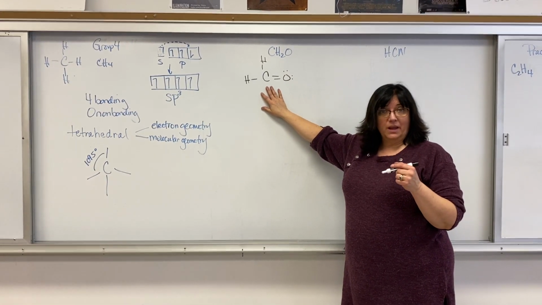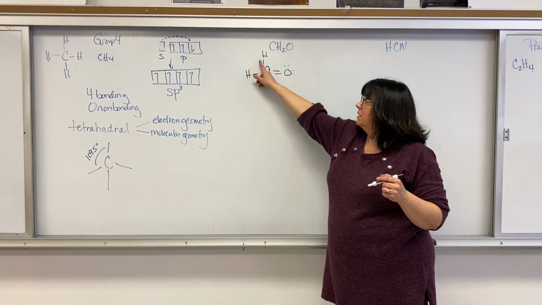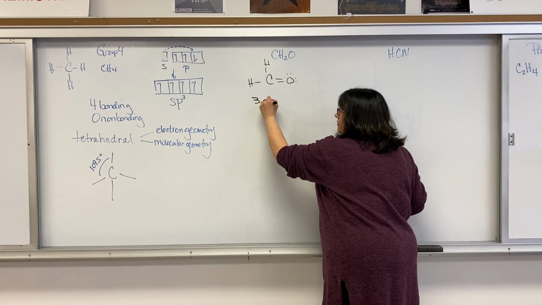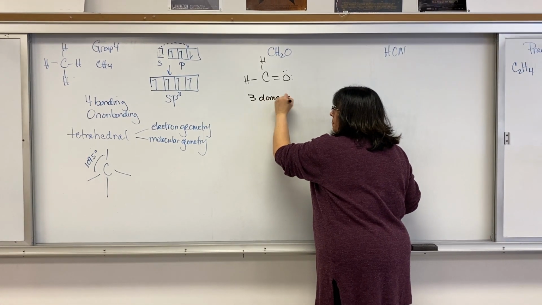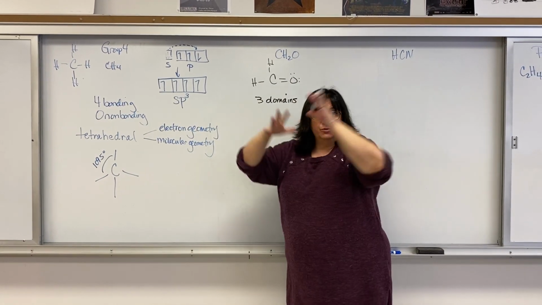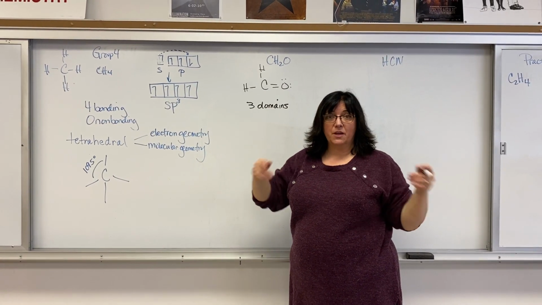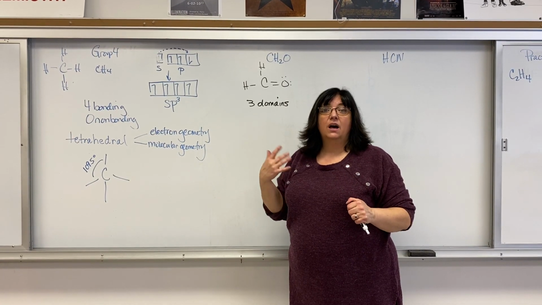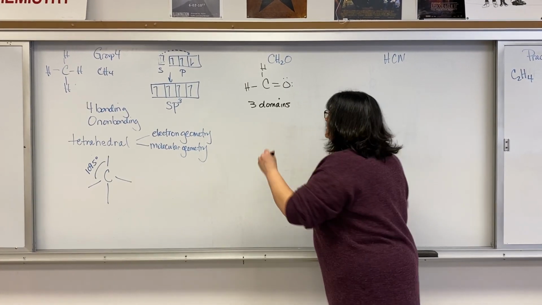So let's look at what we have. We have 1, 2, 3 domains. Not 4 domains, 3 domains. So if you look back on your organizer table, 3 domains is sp2 hybridization.